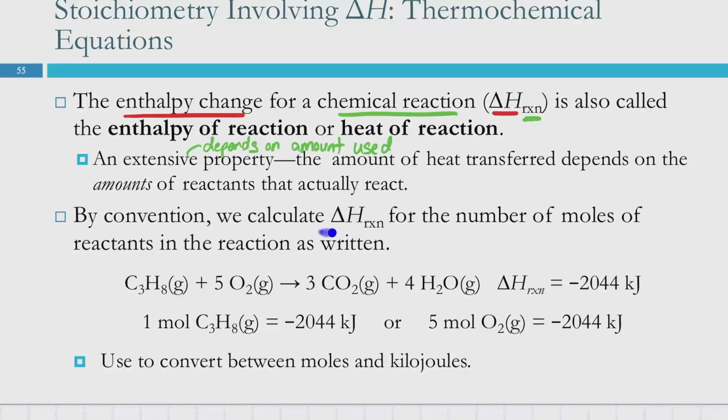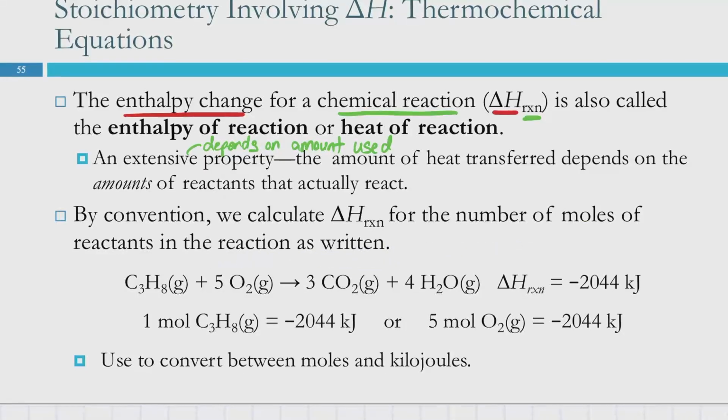Typically, we calculate the heat of reaction for a number of moles as the reaction is written. For example, with the burning of propane, C3H8 reacts with oxygen, forms CO2 and H2O. This reaction, as it's written, has this delta H, this heat of reaction. It's negative 2,044 kilojoules. So if we burn 1 mole of propane, that's going to produce 2,044 kilojoules. If we burn 5 moles of oxygen in that reaction with the propane, it's also going to release 2,044 kilojoules.